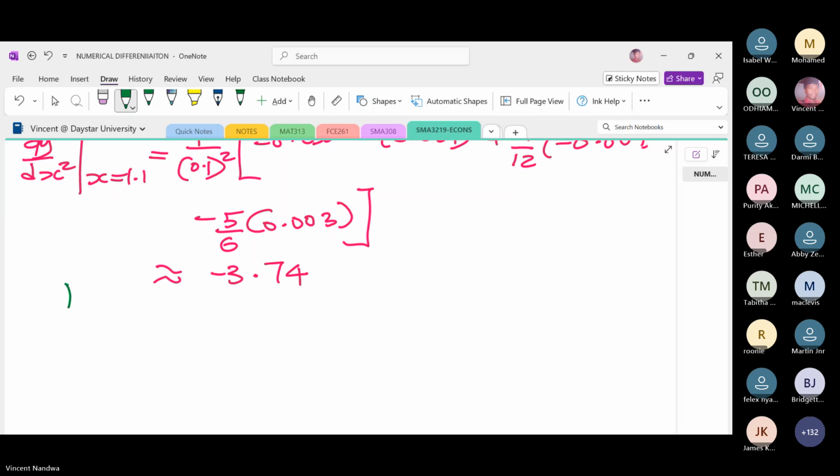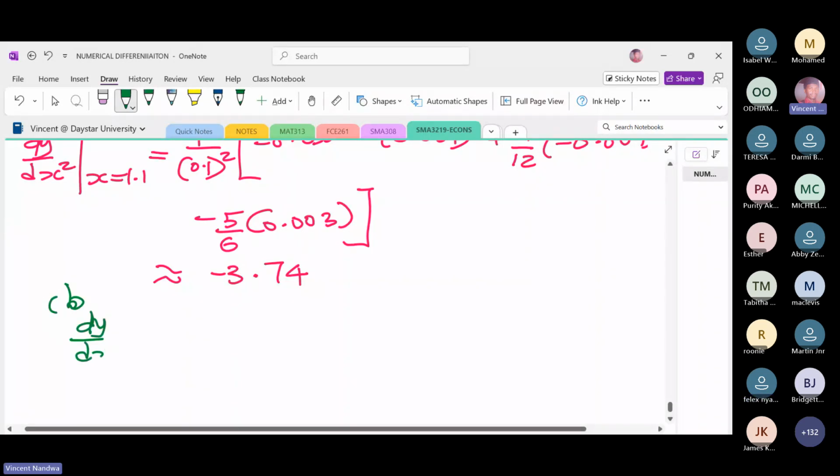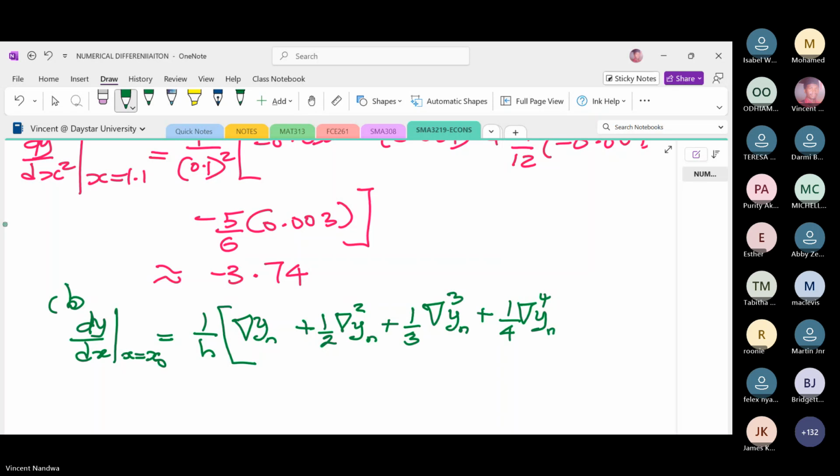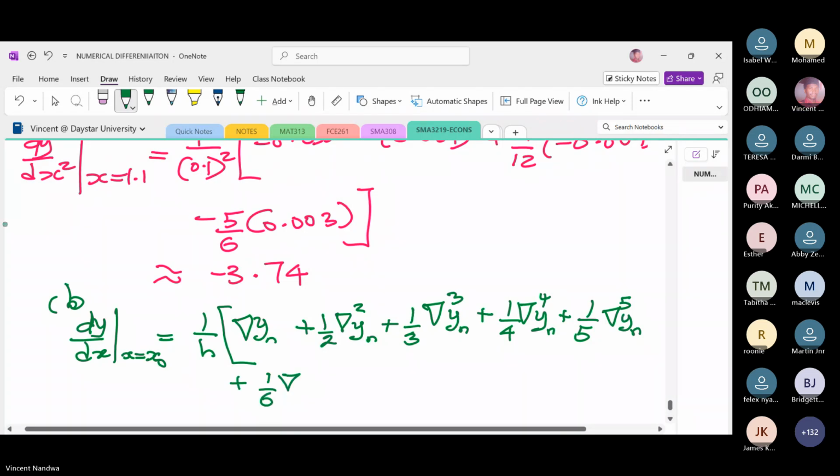So part B, dy/dx at x naught is 1 over h into backward yn plus a half backward squared yn plus a third backward cubed yn plus a quarter backward power 4 yn plus a fifth backward power 5 yn plus a sixth backward power 6 yn plus several terms.